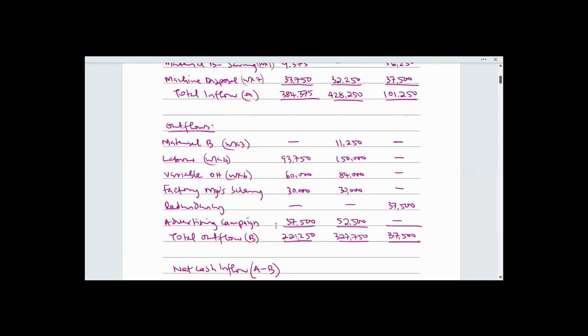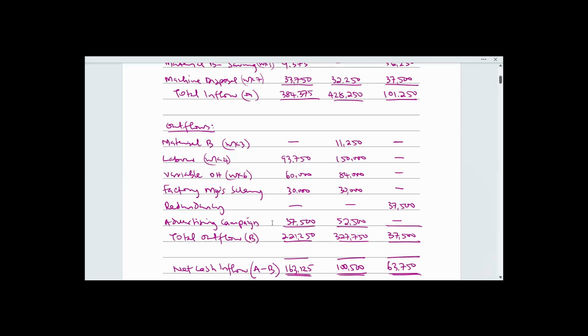So 384,375 minus 221,250 is 163,125. The other results are 100,500 and 63,750. Thank you, guys. So we have provided the detailed calculation.